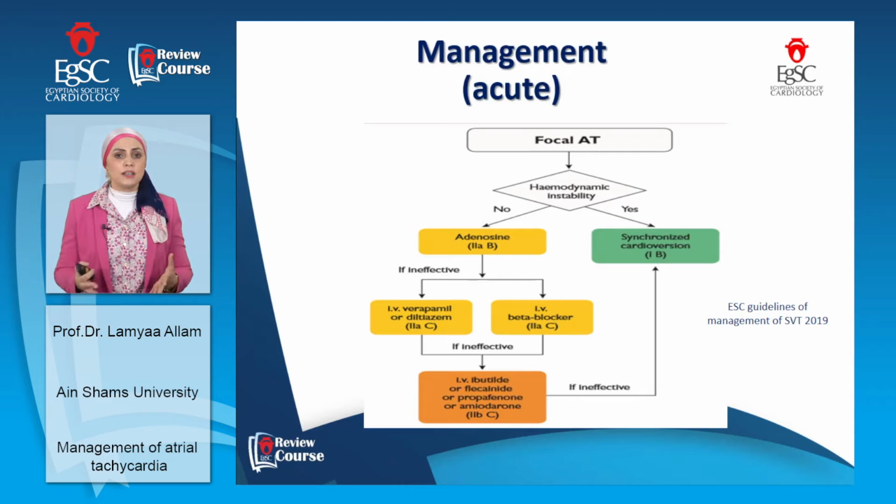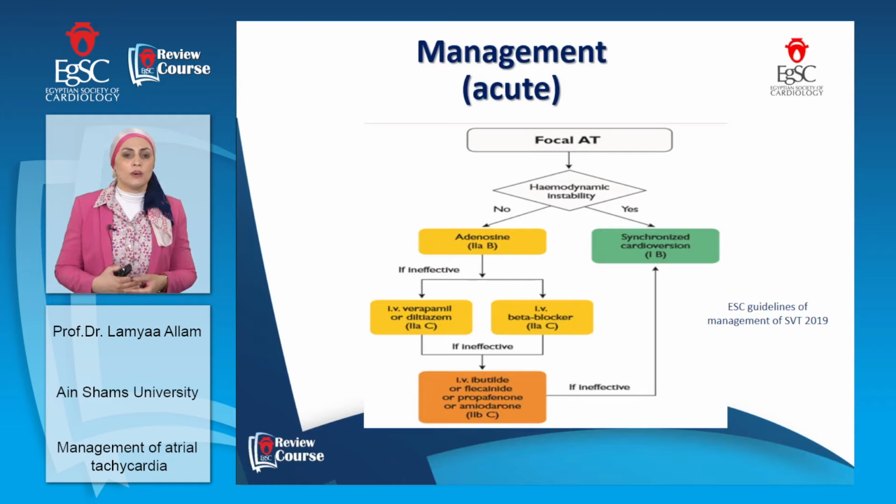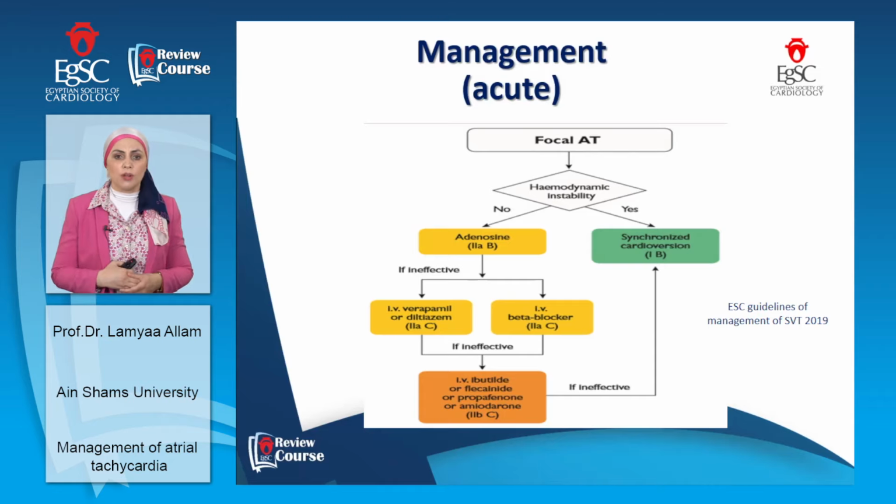But if the patient came to me symptomatic with palpitation or dizziness, but he is hemodynamically stable and his blood pressure is okay, I can give him IV medications, which are usually AV nodal blocking agents like beta blockers, indicated as class 2A, or calcium channel blockers.